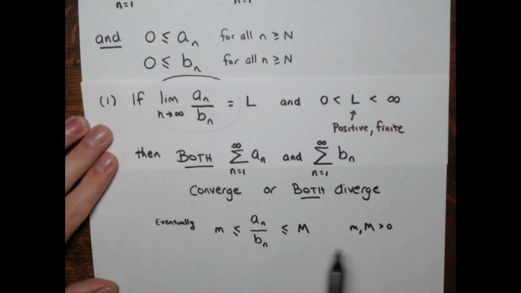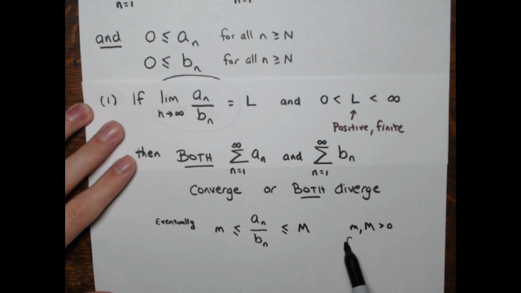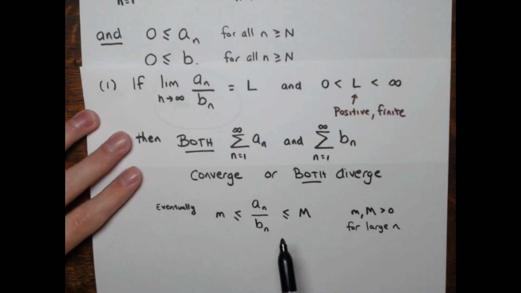Because again, we're approaching some positive value, right? Let's say for large n. Eventually, all the terms of this sequence are falling between these two.